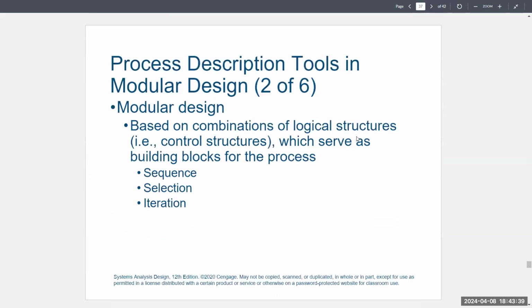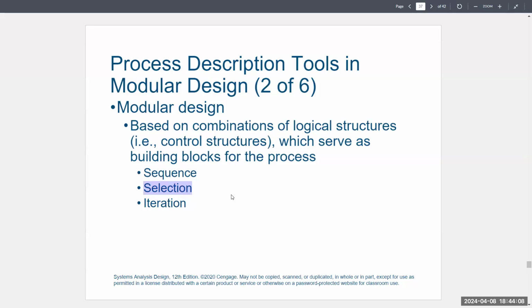So as part of that modular design, you can come up with several modules, and some of those modules may be operating in sequence. In some modules, you will have things like selection going on. There may be several choices, and I'm selecting one.